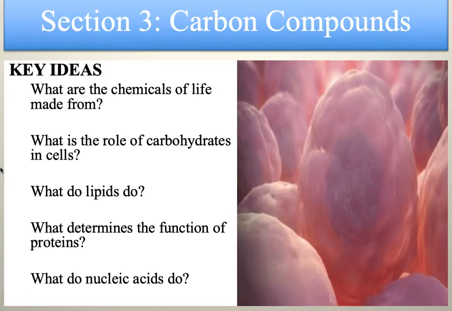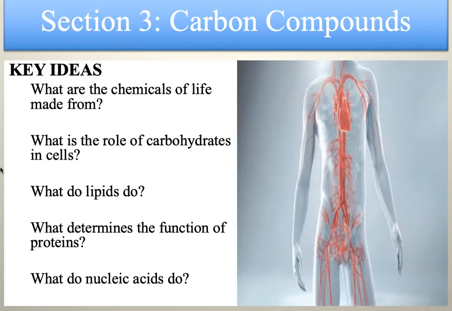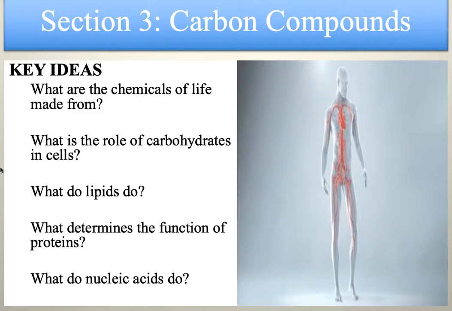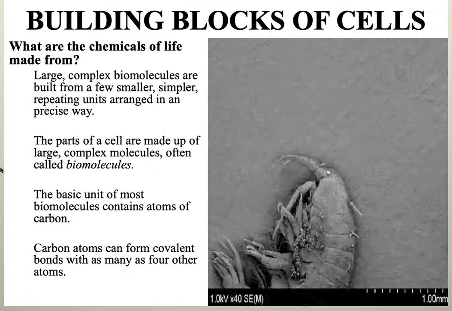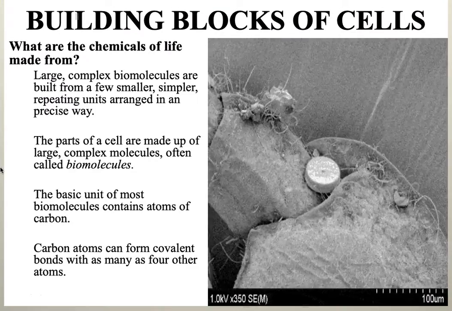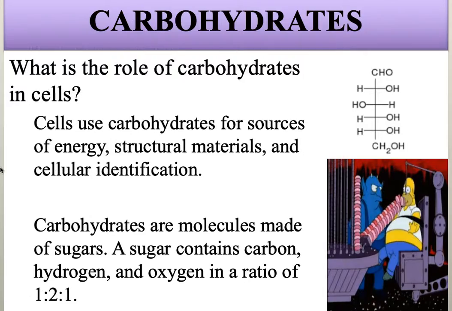That then brings us to the biggest part of our biochemistry unit, and that is the macromolecules, or the 4 big organic molecules that are found inside living things. The first one is a carbohydrate. Remember that carbohydrates are going to be used for energy inside of our bodies.